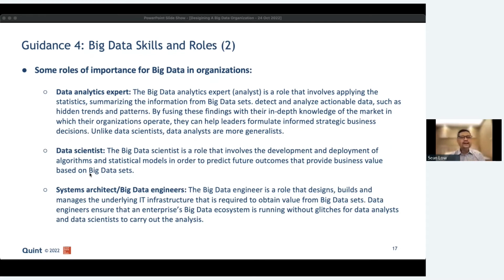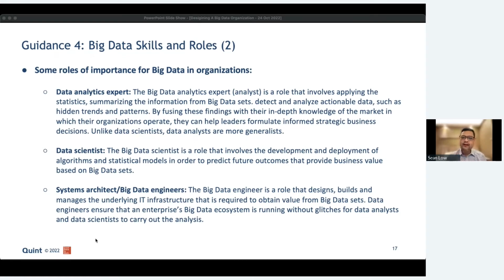Every big data organization requires infrastructure because all these things have to be run on computer systems and infrastructure that allows for the processing of large amounts of data. Normally, we're looking at distributed environments, distributed processing, distributed storage. So the third role that's important in big data is always system architects and big data engineers.